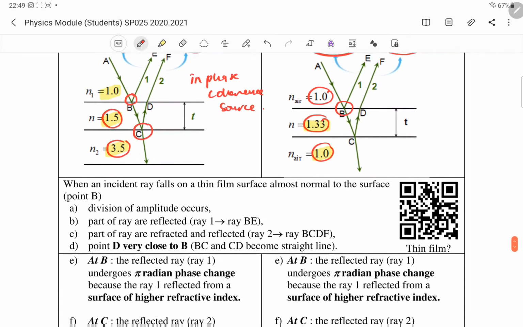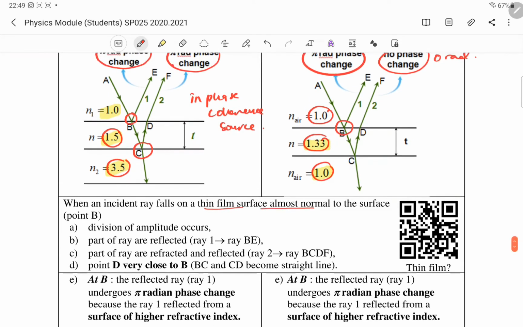Okay, this is the explanation. When an incident ray falls on a thin film surface almost normal to the surface at point B, the division of the amplitude occurs. Part of ray 1 is reflected. Ray 1 adalah ray BE, so ni penting.